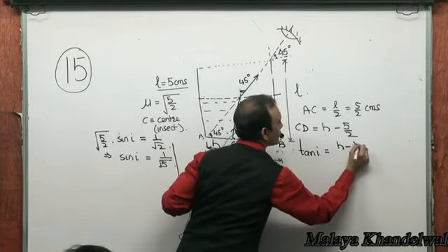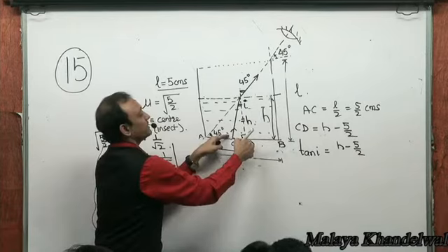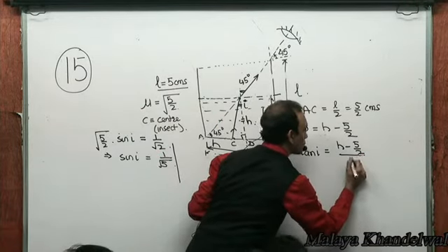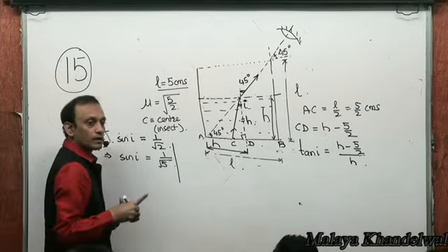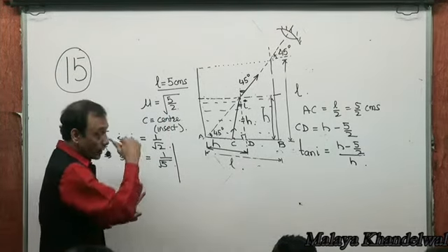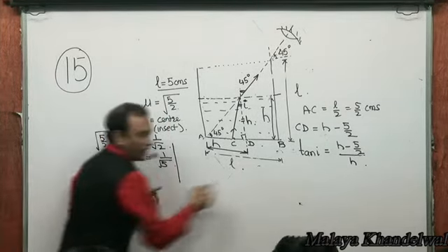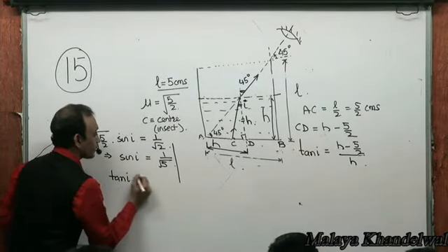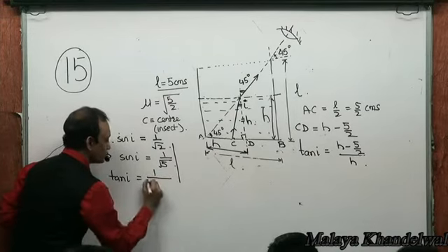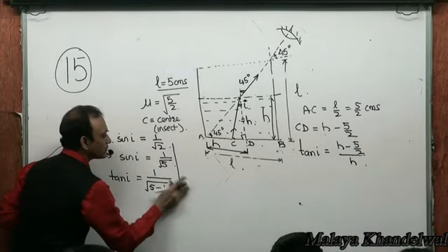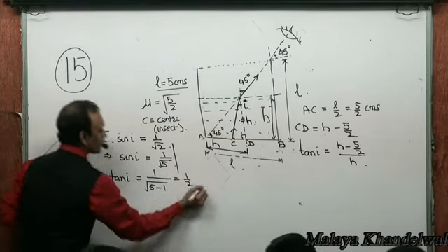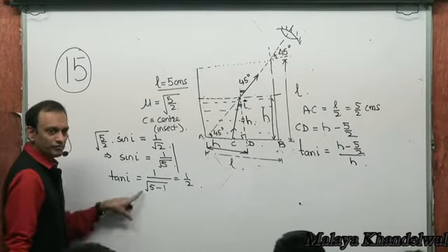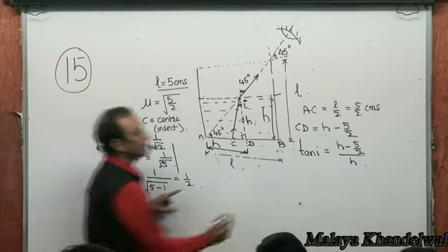But if I know sin I, I know tan I. Tan I then would be 1 divided by root 5 minus 1, that is half. I hope you realize that. Tan I would be half if sin I is 1 by root 5.